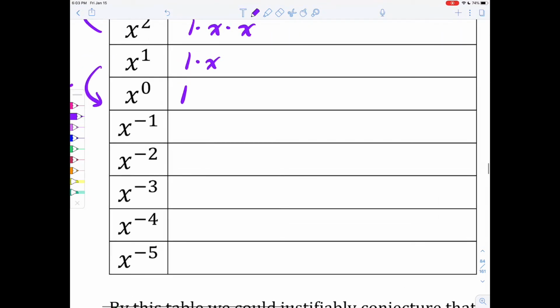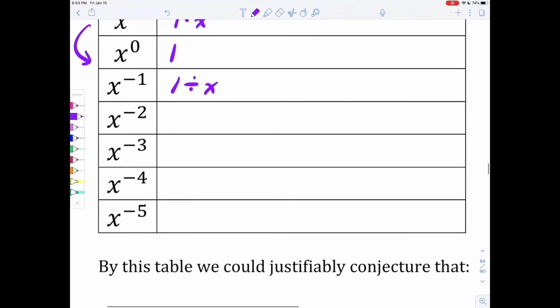Again, every time we go down a row, we are dividing by x. So x to the negative 1 is 1 divided by x. And if we go further down, x to the negative 2 is 1 divided by x, the row above it, divided by x. And continuing, x to the negative 3 is the row above it, but divided by x.